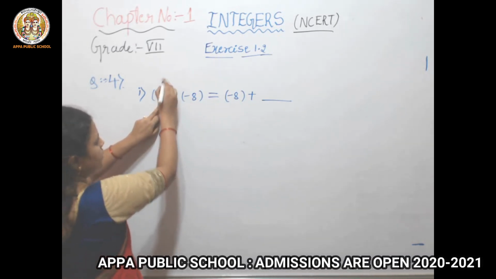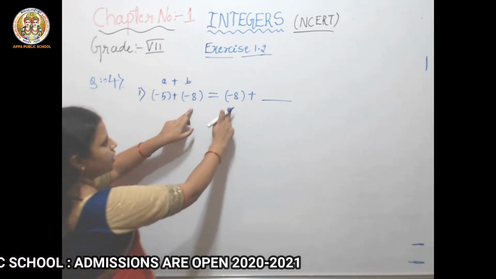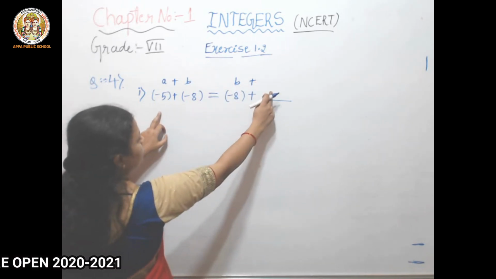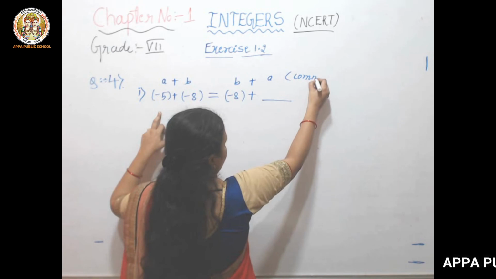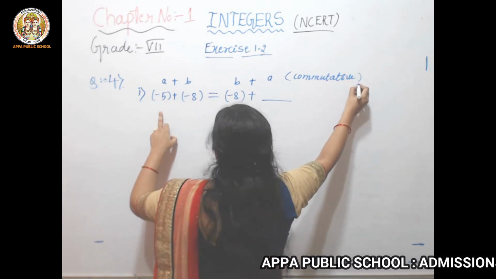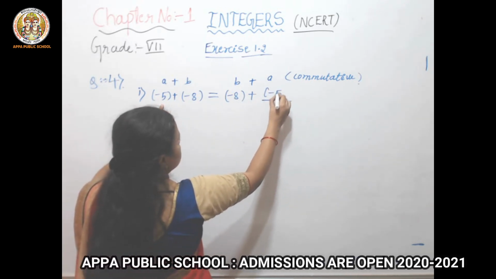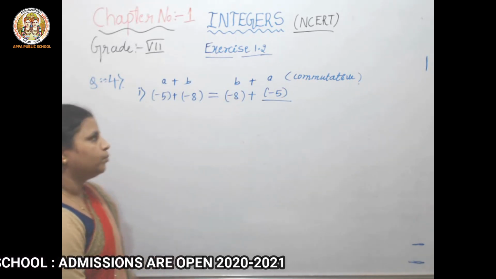This is in the form of a plus b. Now we have b plus, which number should come here? a. This property is called commutative. So what should the blank be? It is minus 5. So we are using the commutative property.